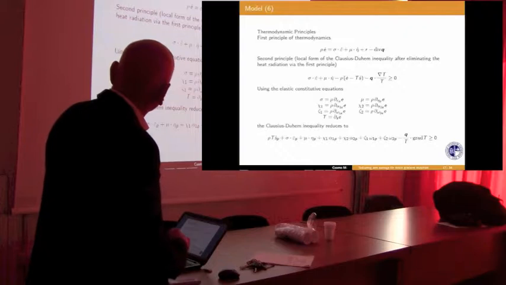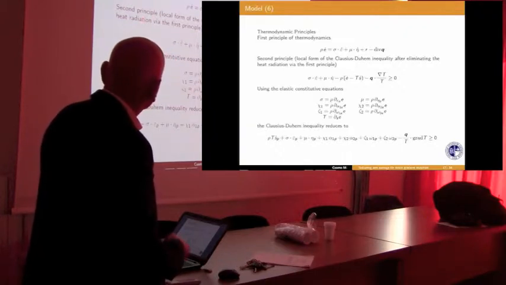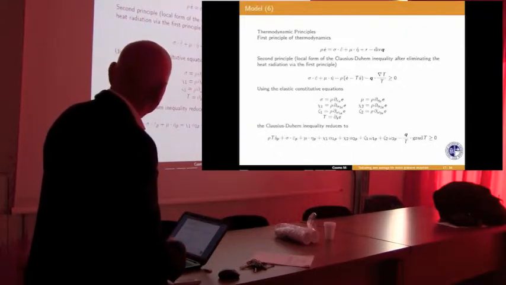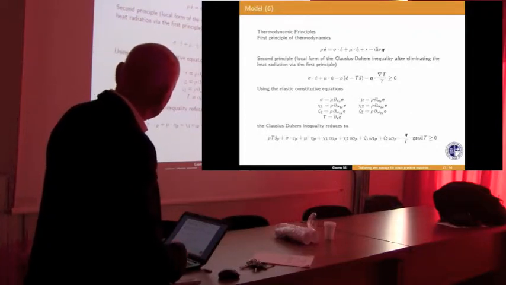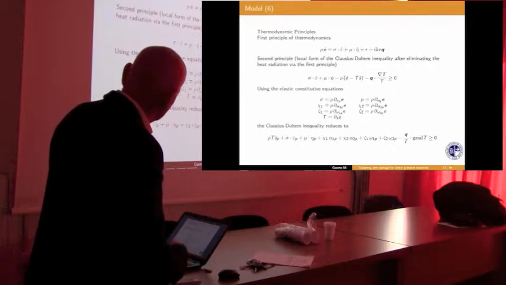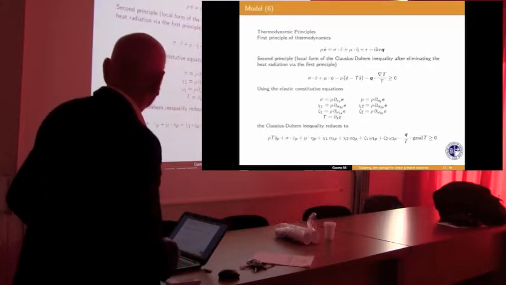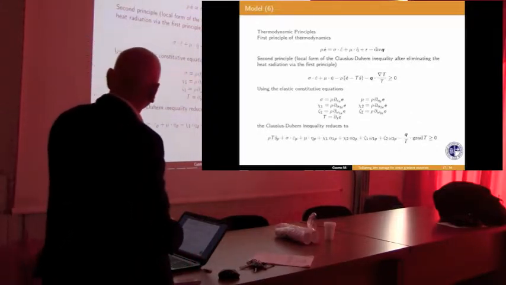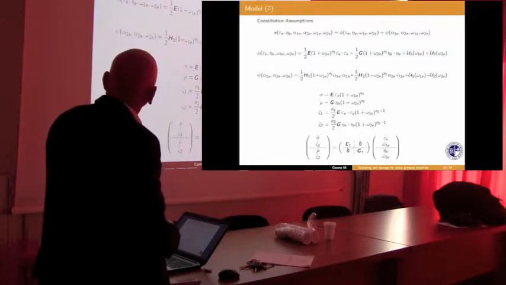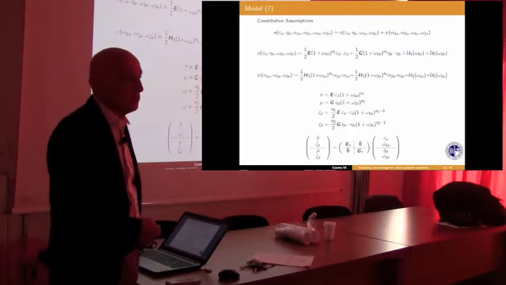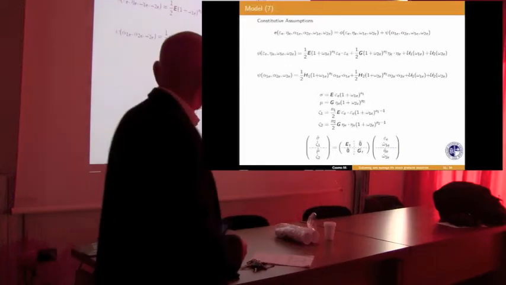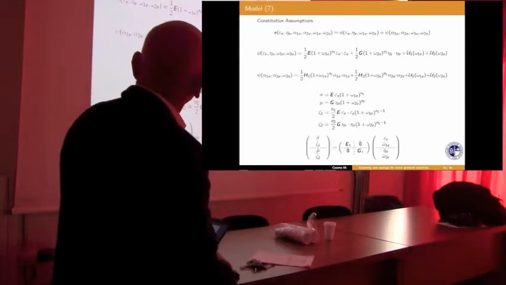Then I will not comment on this. We go through the first principle of thermodynamics, the second principle of thermodynamics, and we end up with the Clausius-Duhem inequality, which is the one at the bottom, a reduced Clausius-Duhem inequality. And then we can make some constitutive assumptions that comply with that inequality.